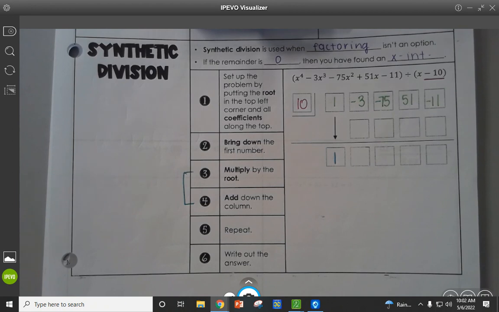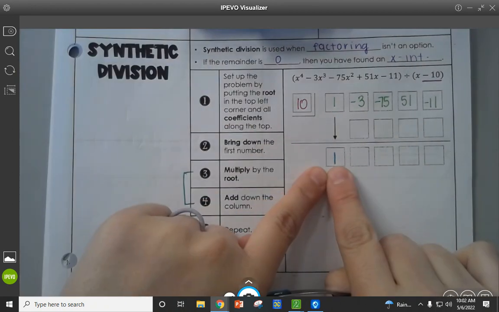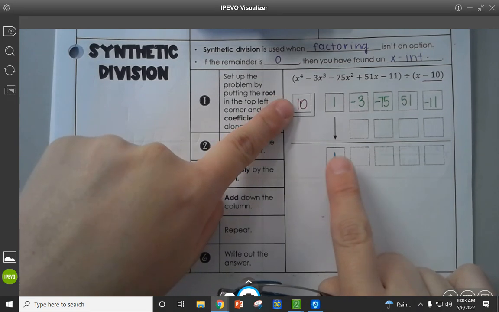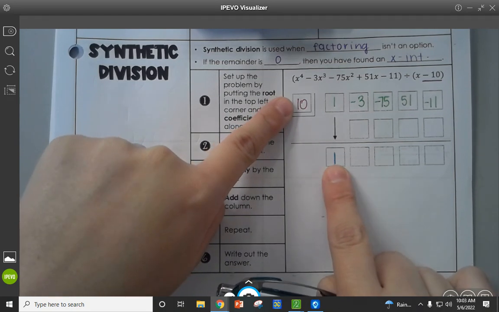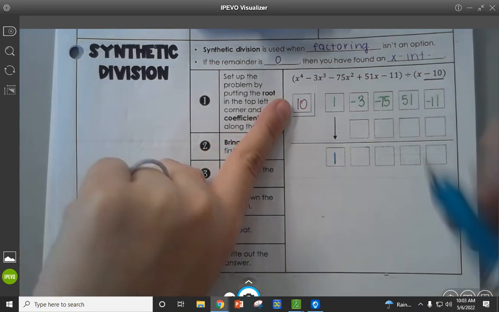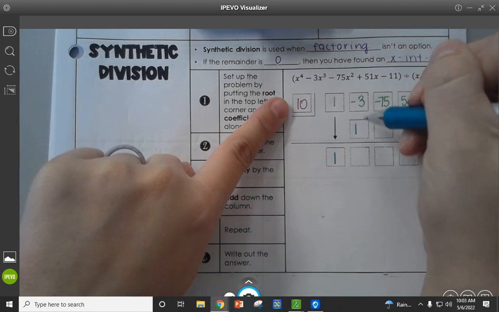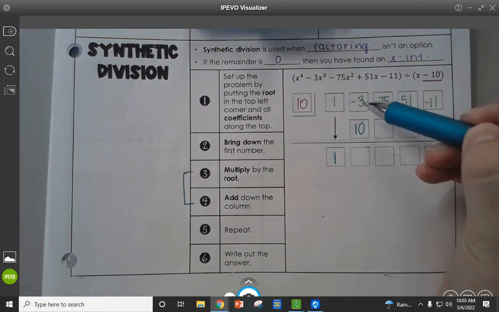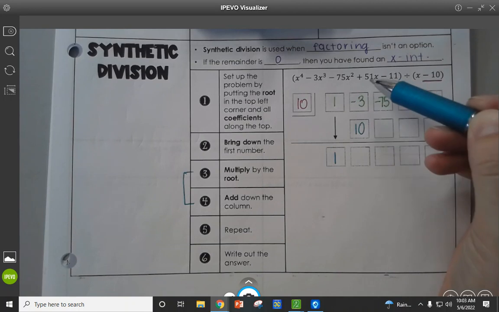Multiply, add. Multiply, add. So we multiply this number on the bottom by 10. And I get what? 10. 1 times 10 is 10. And then we add straight down.